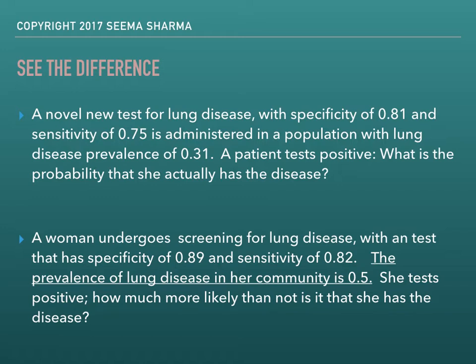As for the second vignette, notice that it asks how much more likely than not it is that she has the disease. So we're looking at a likelihood ratio, and specifically a positive likelihood ratio, because she tests positive. Another thing I want to point out is that the information about prevalence is not needed in this calculation because, as I said, likelihood ratios are independent of prevalence.